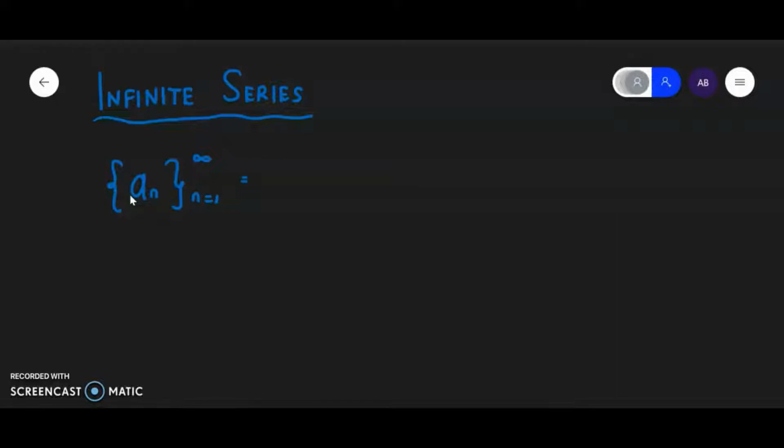Now this sequence can be written as a1 when n is 1, a2, a3, a4 up to an.